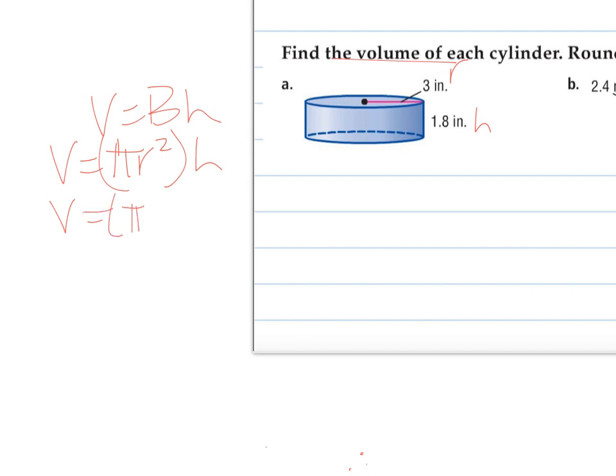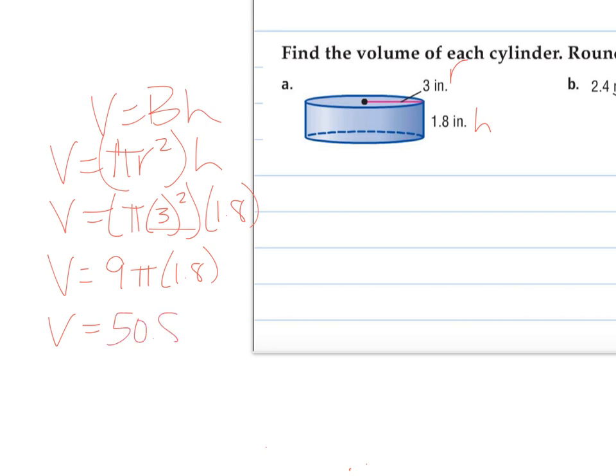So I'm using the radius of 3, height of 1.8. 3 squared is 9, so it's 9 times pi times 1.8. So then working that out, I get 50.868, rounding to the tenths. Volume is approximately 50.9 cubic inches.